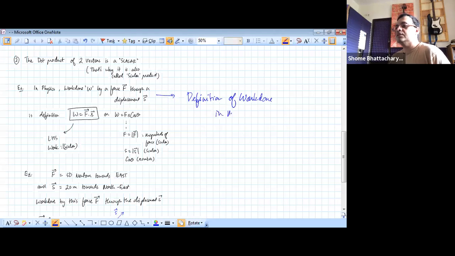That's in mechanics, which is what we'll come to immediately after finishing vectors. We'll come to the general subject of mechanics in physics. By dot product or scalar product method.